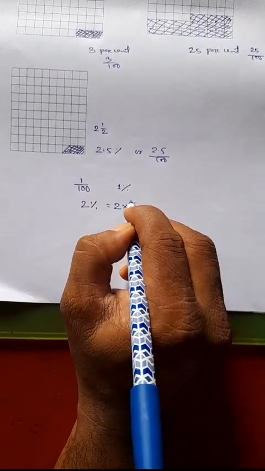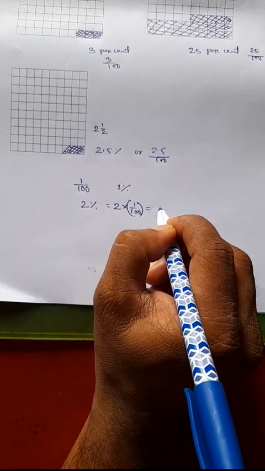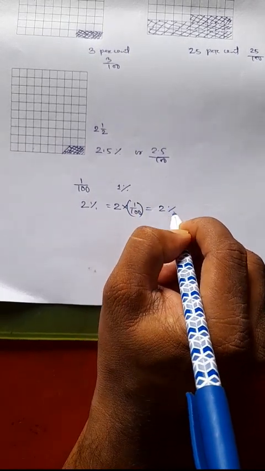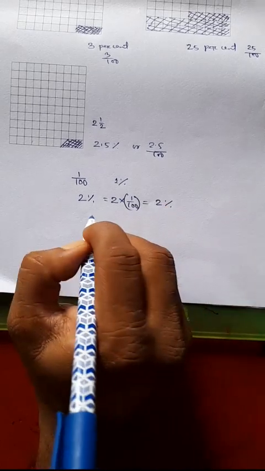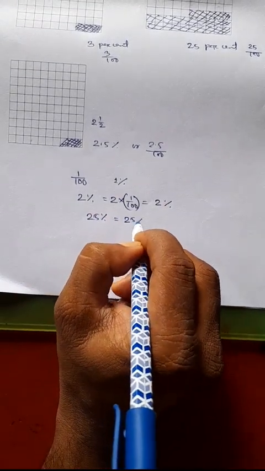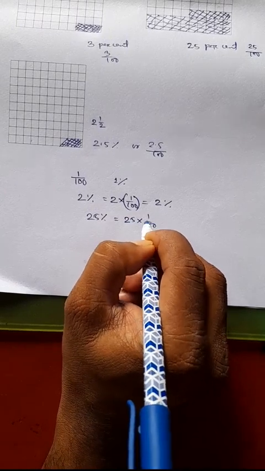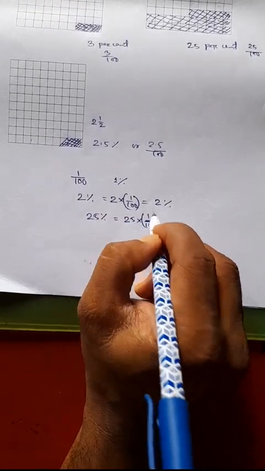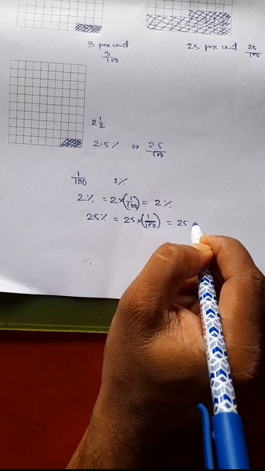Now we replace this by the percentage symbol, and we write it as 2%. So when we write 25%, that means this is 25 times 1 by 100. We replace this portion again, and we write it as 25%.